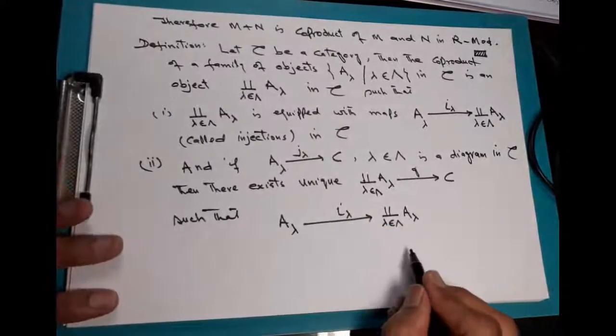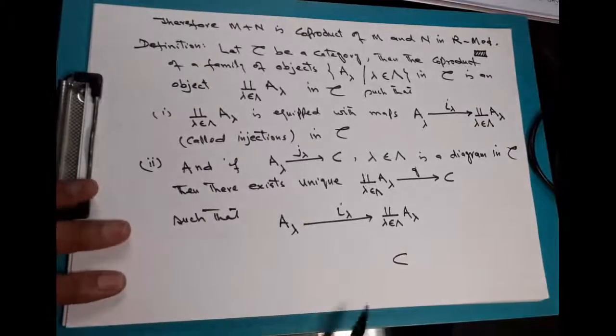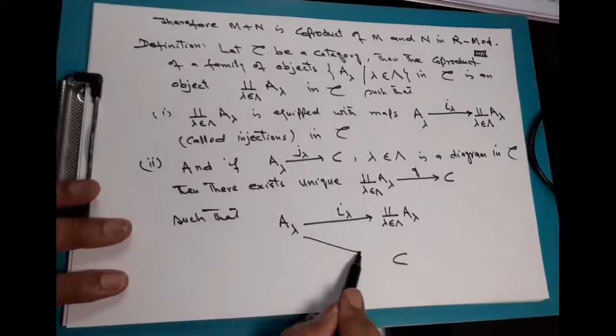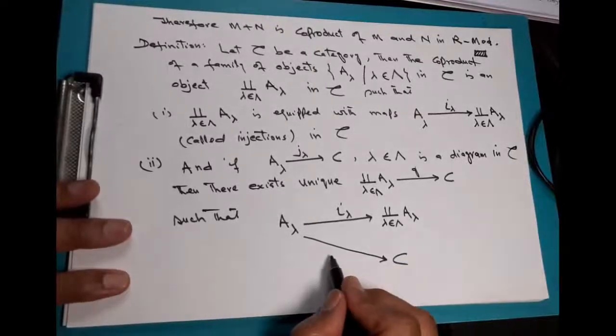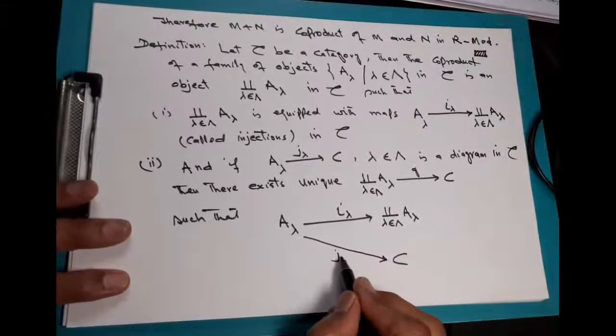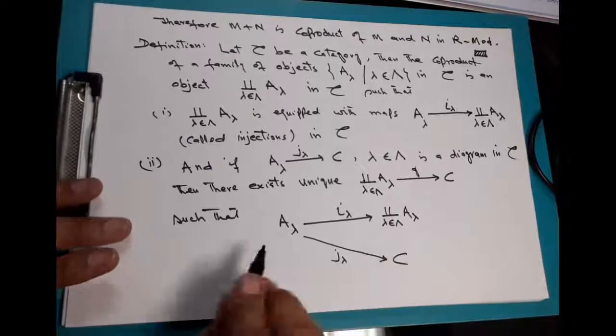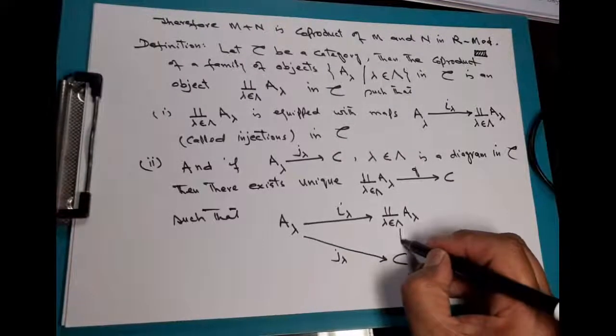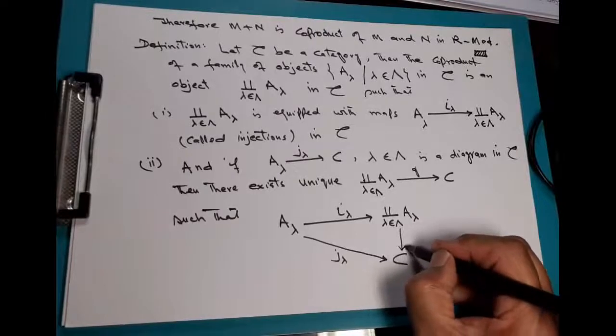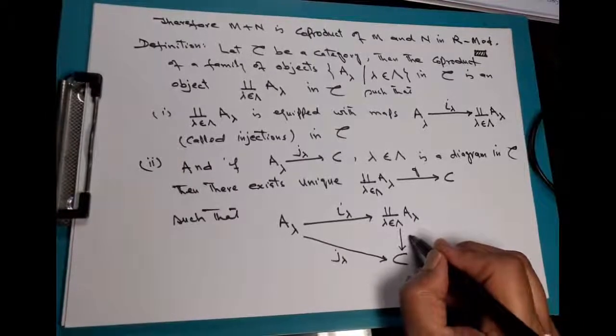And if there is an object C and a map from A lambda to C, we denote it by J lambda. For each lambda there is a map. Then there is a unique map from this co-product to C, we denote it by g.